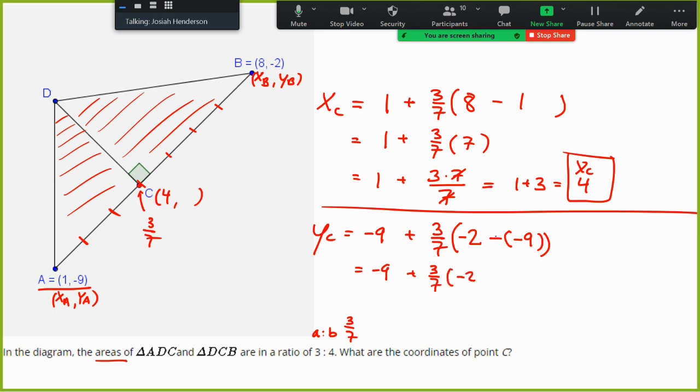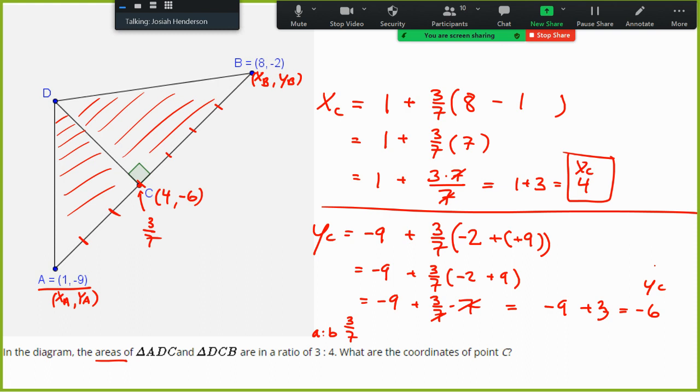Okay, don't forget minus negative 9 turns into plus 9. And it came out to a 7 again. Very cool. So those cancel again, and we've got negative 9 plus 3. So that is what? Negative 6. That's the y of c.